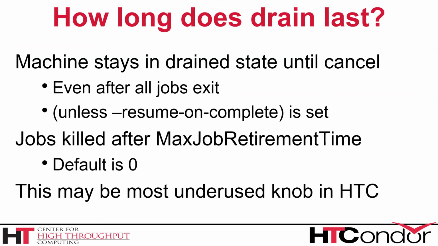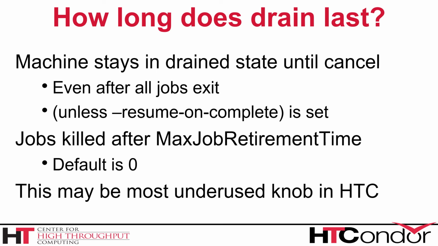Once draining has started, the machine will stay in the ill-named drained state until the drain-cancel command is issued, unless the option -resume-on-completion is set, in which case, when the very last dynamic slot exits, the P-slot will go back into the unclaimed state again automatically. This behavior of staying in the drained state may be useful for an administrator who wants to gracefully take a machine down for an upgrade or reprovisioning of the hardware.